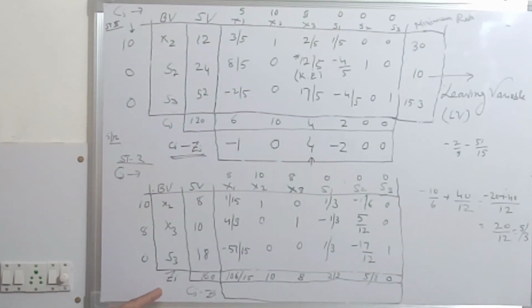Again we have calculated Zj. Now Cj minus Zj.